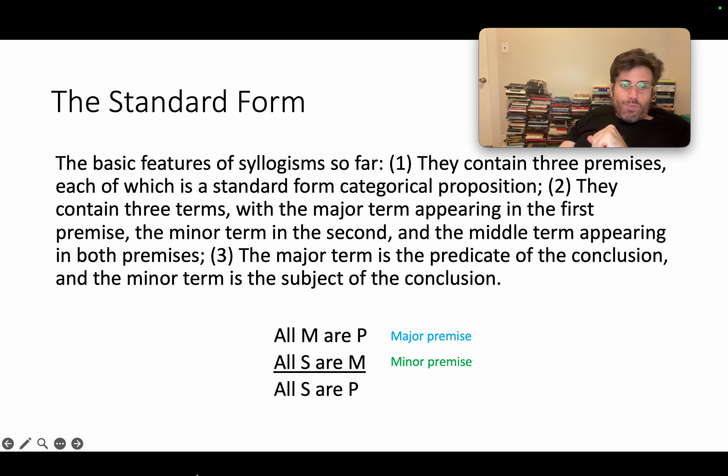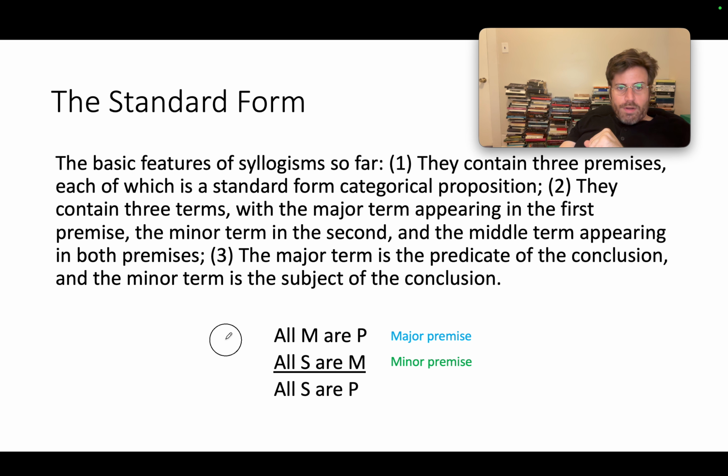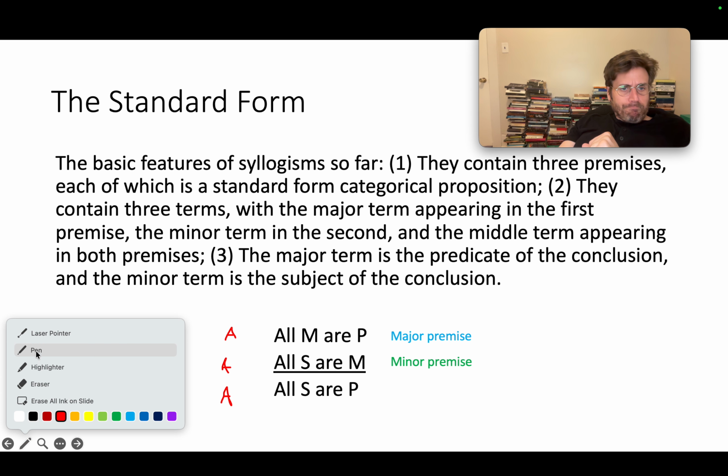You'll notice each one of these is a universal affirmative, right? So each one of these, in terms of the category, is a proposition. All S are P is the underlying categorical structure in each one. So that's a thing we're going to be able to pick up on and really use to determine whether or not a categorical syllogism is a valid argument.